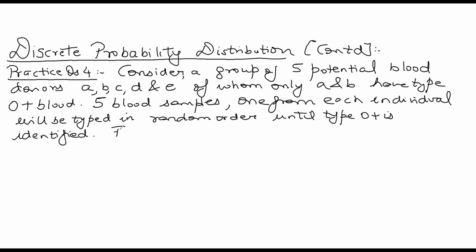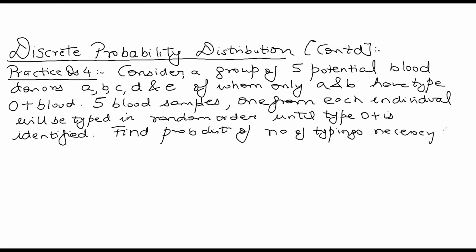Okay, find the probability distribution of the number of typings necessary to identify an O plus individual.